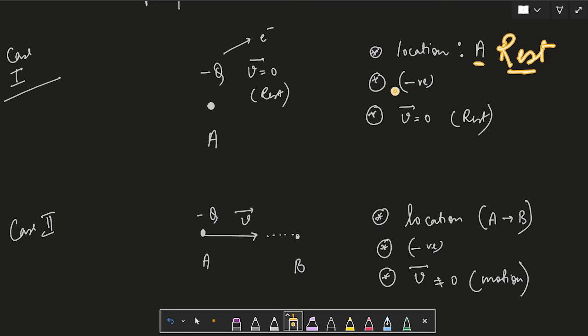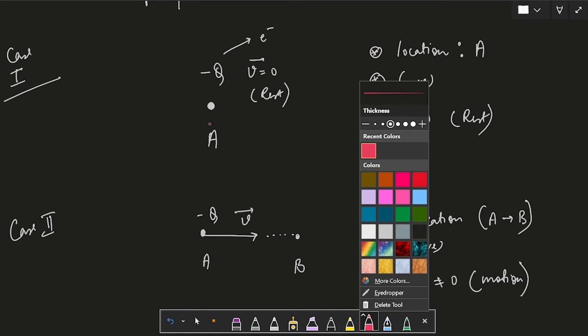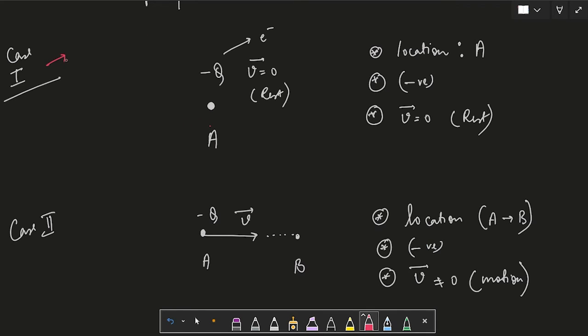So case 1 is a static case, which is called an electrostatic case, an example of electrostatic behavior of the charge, where the charge stays where it is.